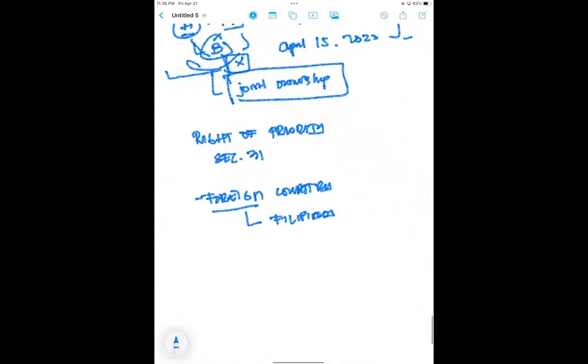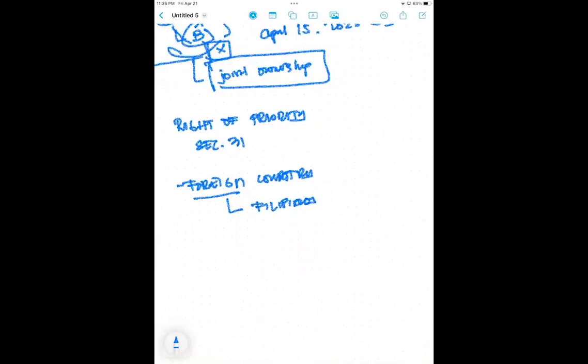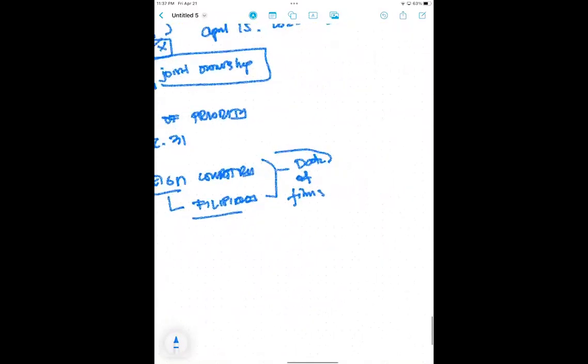Now, what is essentially its application? Section 31 says that if the patent application was filed in this foreign country that grants the same privilege to Filipinos, then the date of filing in that foreign country is deemed the date of filing in the Philippines.